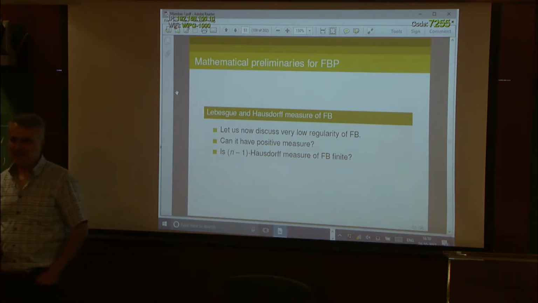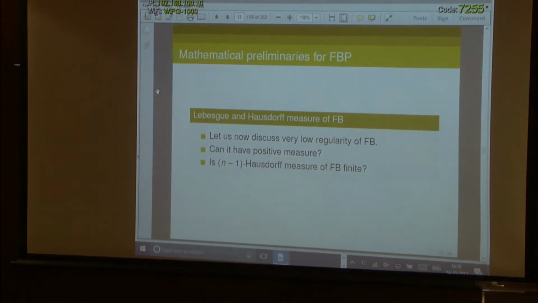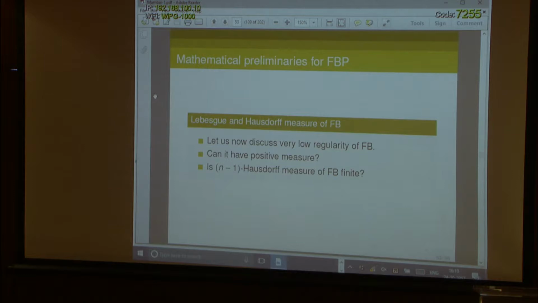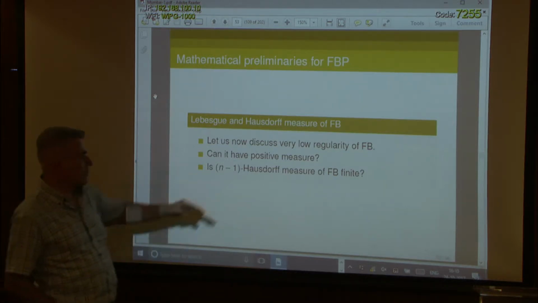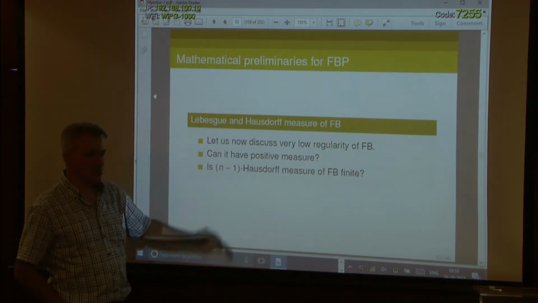So I think I will finish with one regularity of the free boundary here, and that's the level measure of the free boundary. We call it low regularity of the free boundary. I can prove that the free boundary has this low regularity. It has measure 0 here.